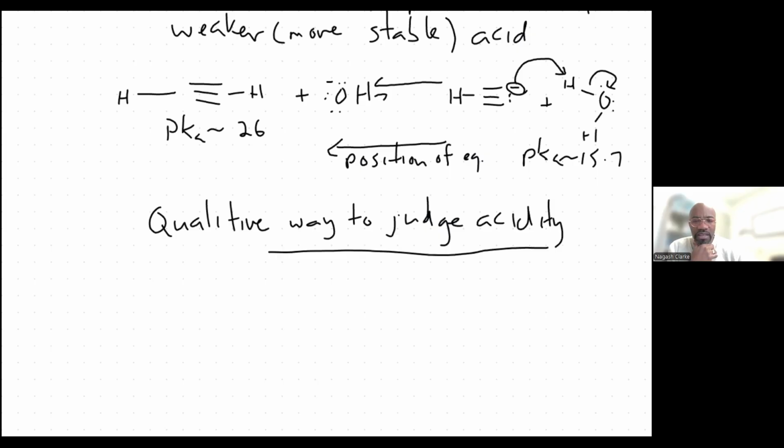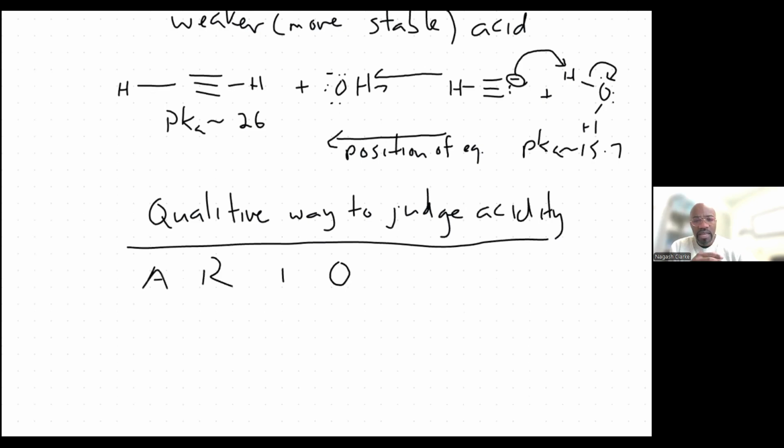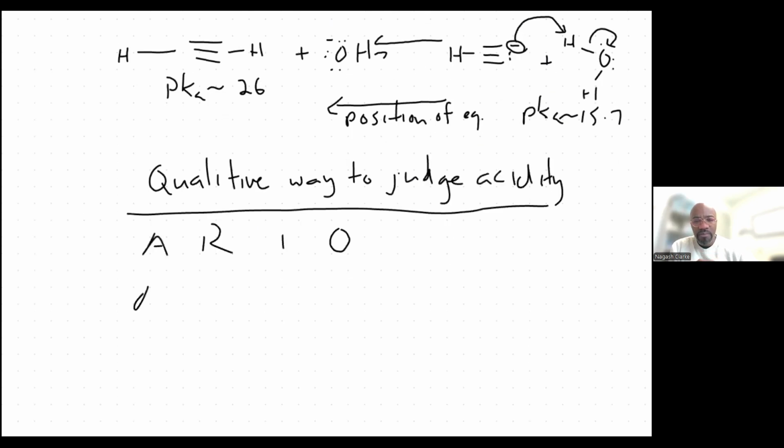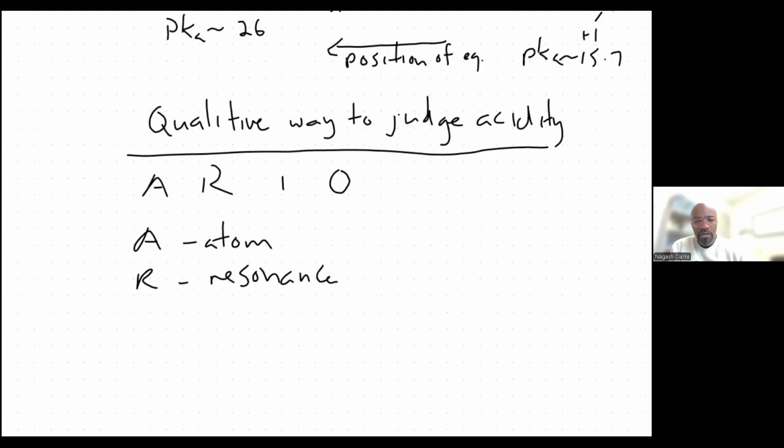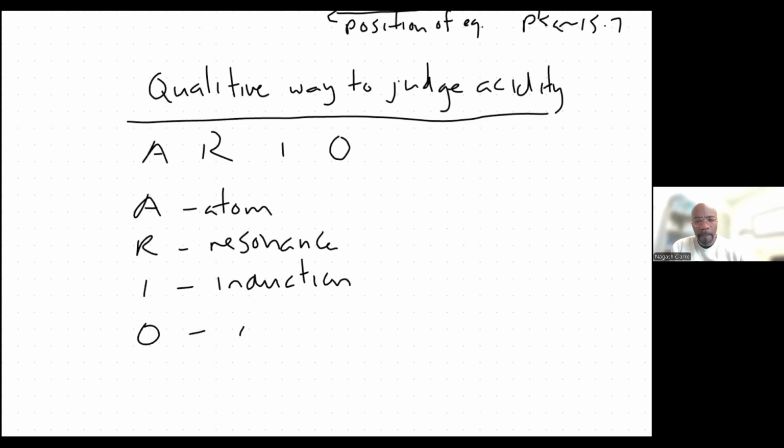But we can look at what we call ARIO. A means atom, R is resonance, I is induction, and O is orbital.